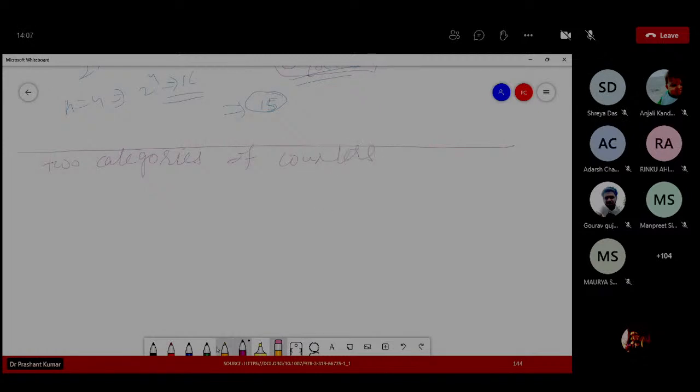Counters. One, ripple counter. Second, synchronous counter.